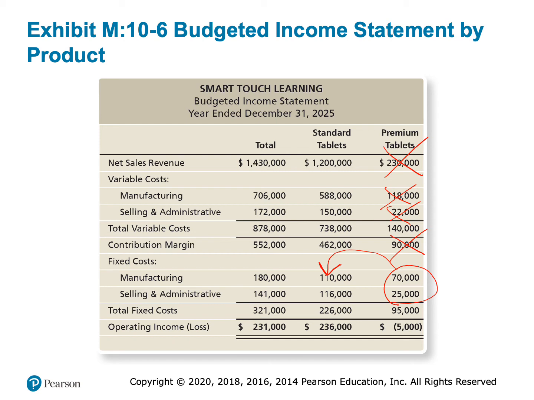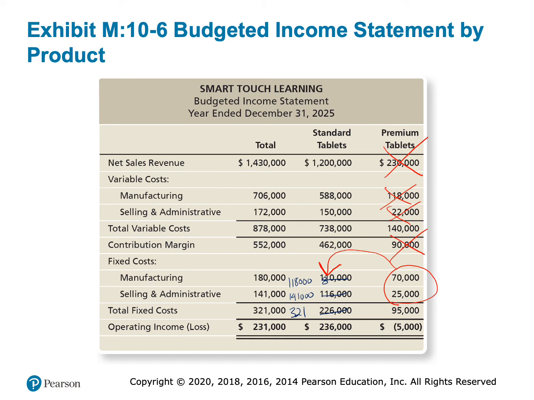So in this case, the fixed manufacturing cost for the standard tablets is not 110, it's now 180. And the fixed selling and administrative is not 116, it is 141. So our total fixed cost is not 226, our total fixed cost is 321.